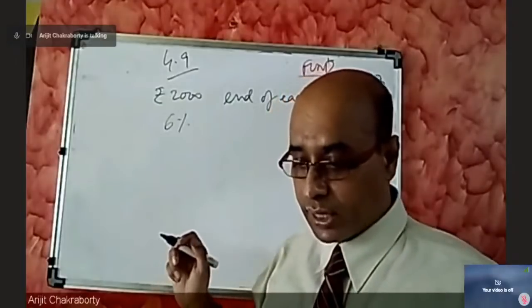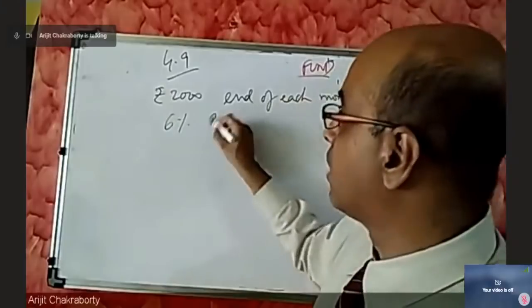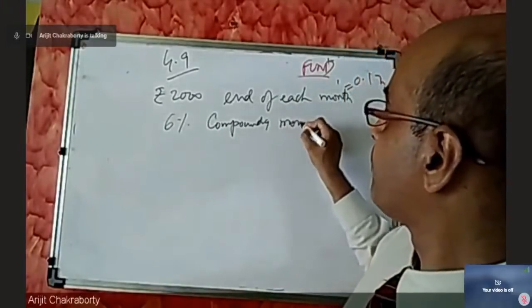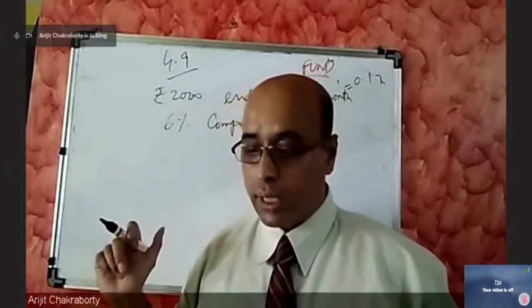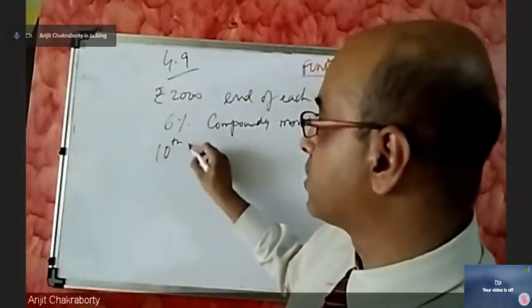Be very careful with this. So the compounding is done monthly. Please note the points. What is the future value of this annuity after the 10th payment?